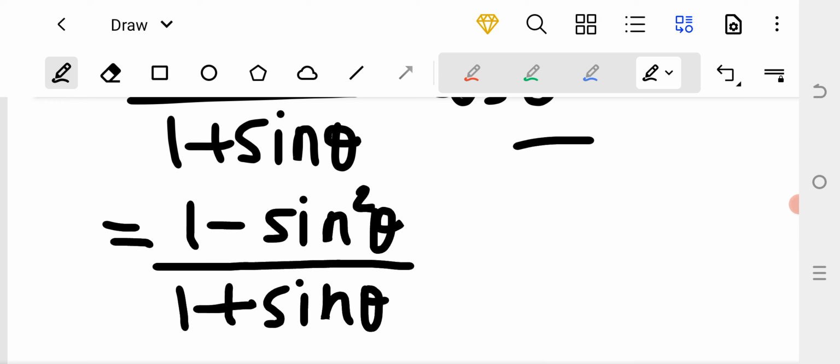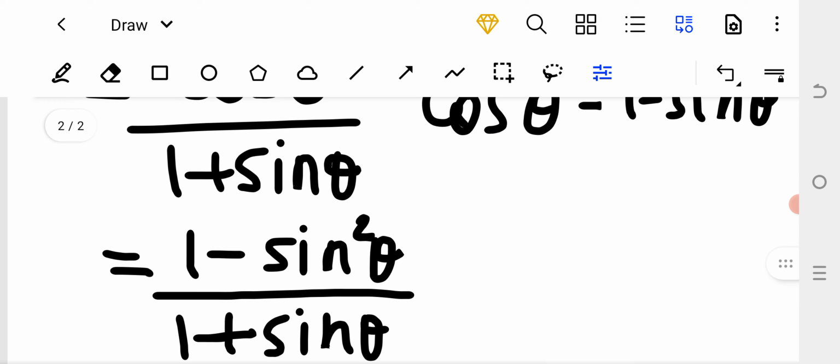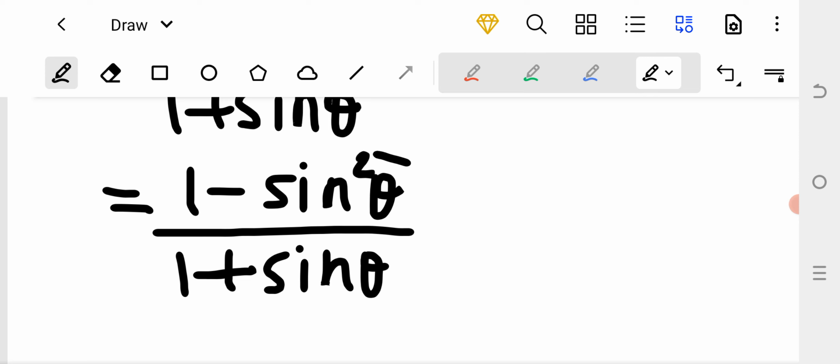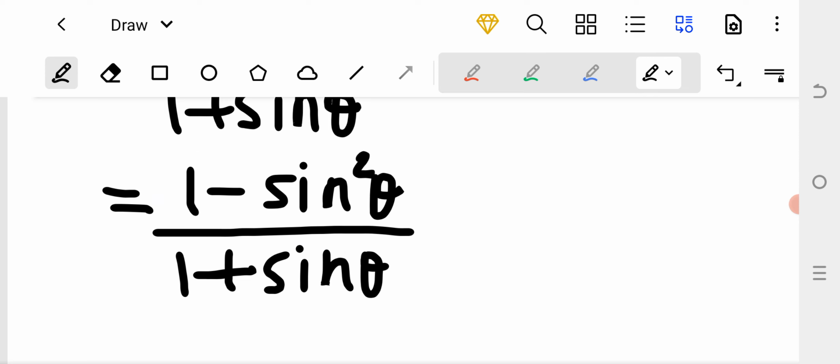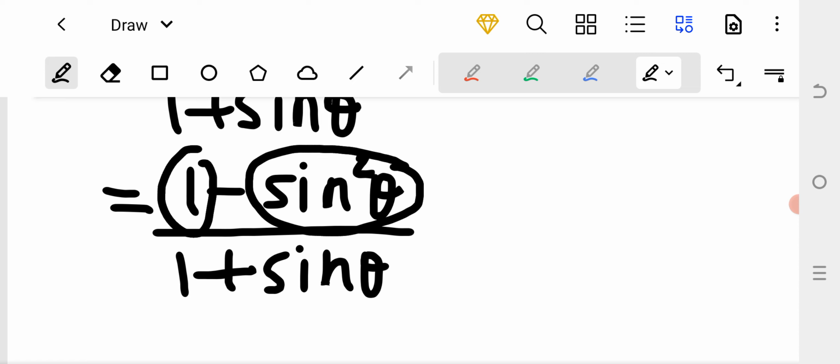Square root of 1 is 1, and square root of sine squared theta is just sine theta.